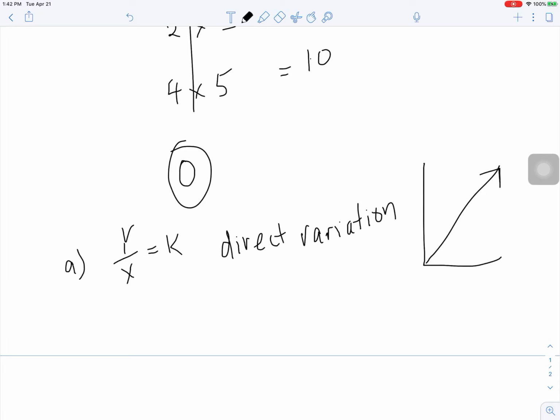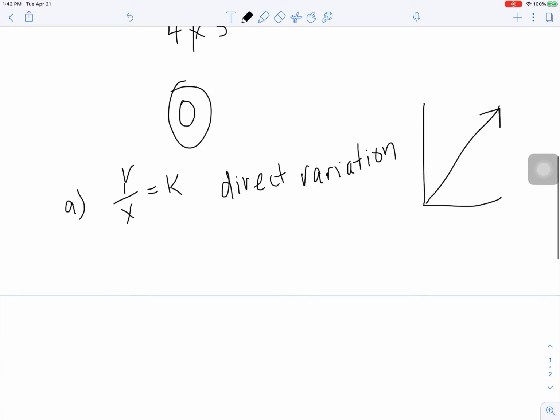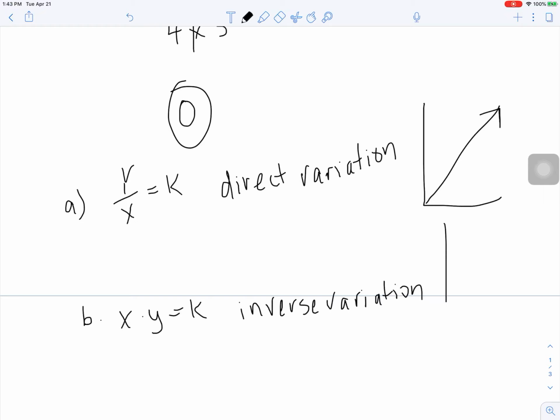Another thing to know about direct variation is that it'll be able to go through 0. Very easy to see. Right? So let's go to B. We have, for B, x times y equals k. And that would be inverse variation.